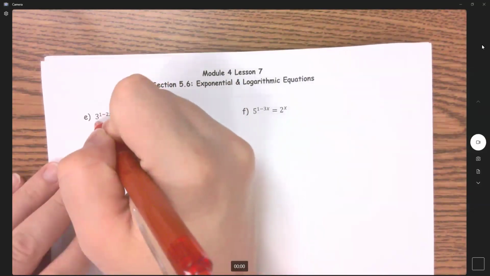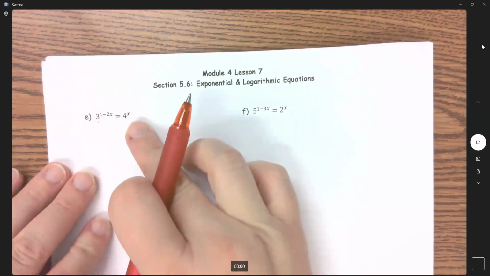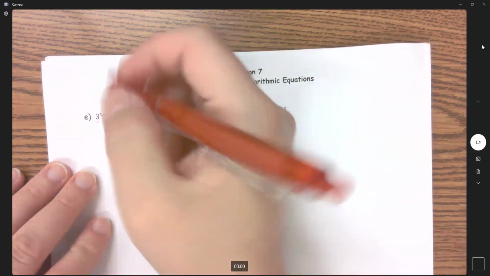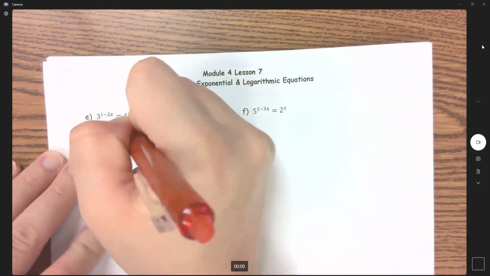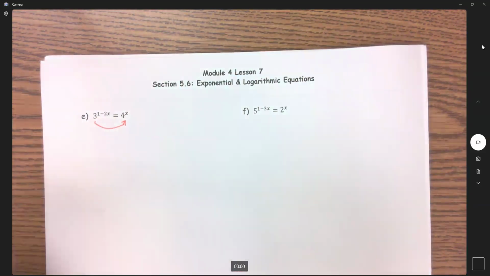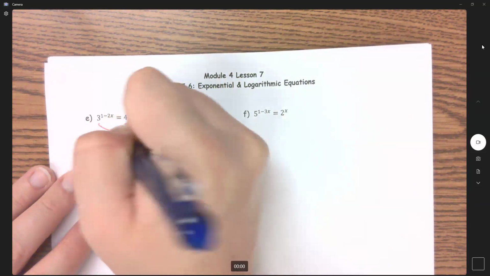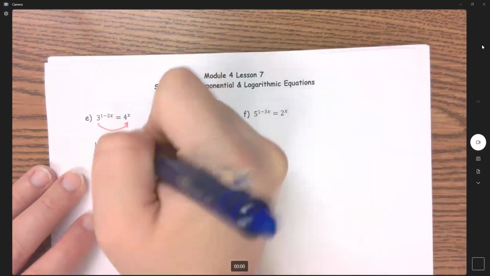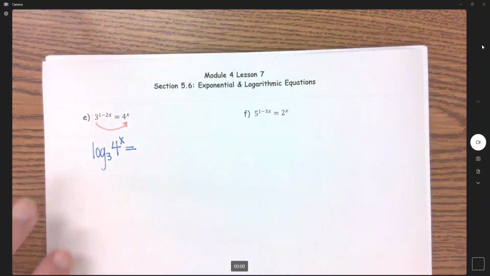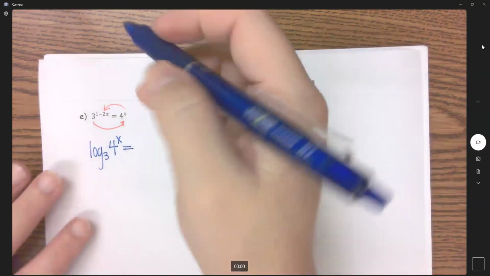I'm going to go, because this is an exponential with a base of 3. This is an exponential with a base of 4. So it really doesn't matter which way you go, but I'm going to go base of 3 to the other side of this equals. So log base 3 of 4 to the x equals what's left over, what's in this exponential right here.